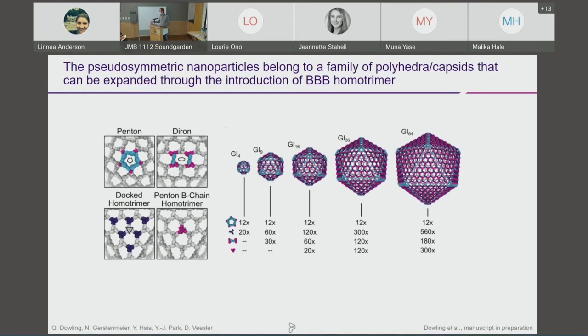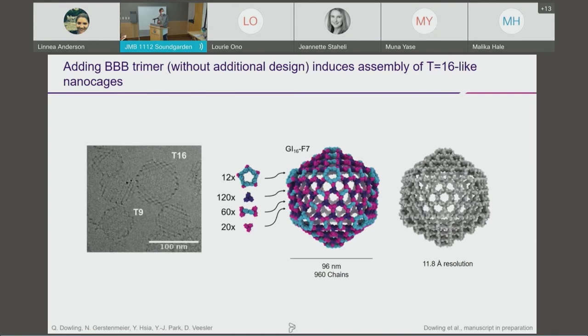We just made a new construct, expressed the B chain, purified it, and tested whether we could assemble these larger pseudosymmetric nanoparticles. And it turns out that you can. So when Quentin did this, we started seeing this T=16-like nanoparticle that's about 100 nanometers in diameter with nearly 1,000 subunits in it. And a single particle reconstruction, again, confirms that that's exactly what you get.